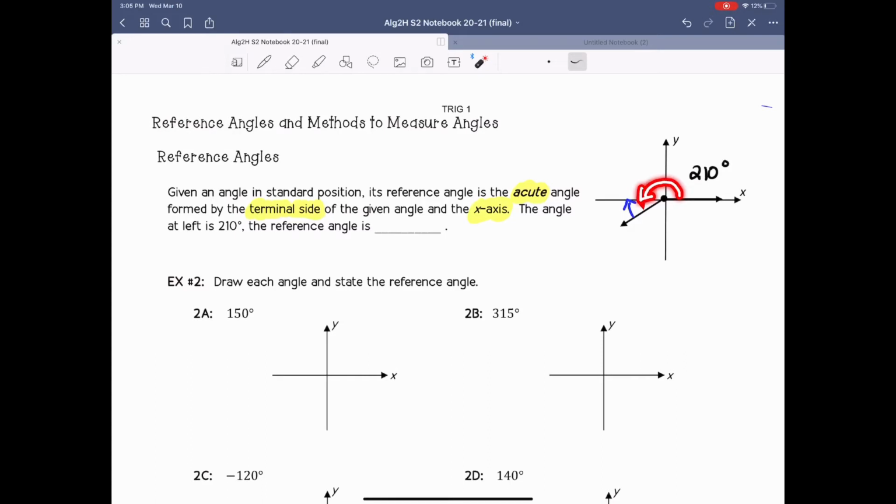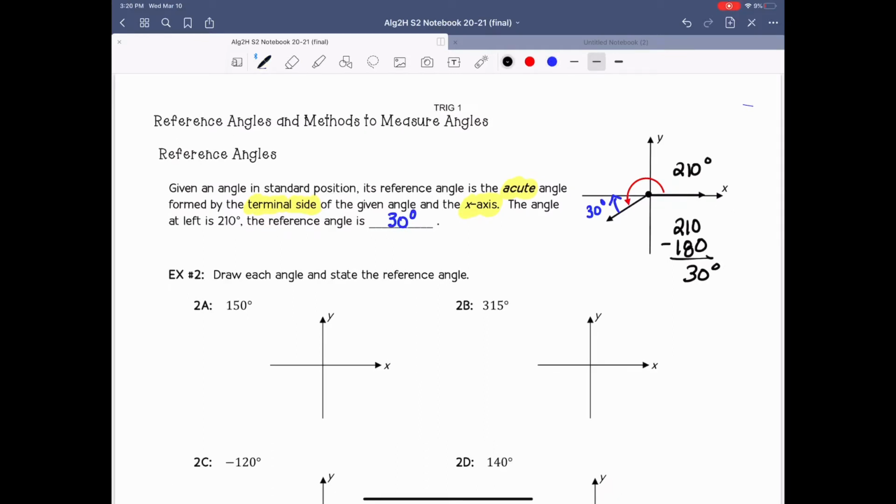So if I know that this chunk of the angle is 180, in order to find the missing chunk down here, I'm just going to take 210, the total angle measure, and subtract what I know, 180. So 210 degrees minus 180 degrees, that's going to give me 30 degrees. So what this tells me is that this tiny little chunk is 30 degrees, so the reference angle is 30 degrees.